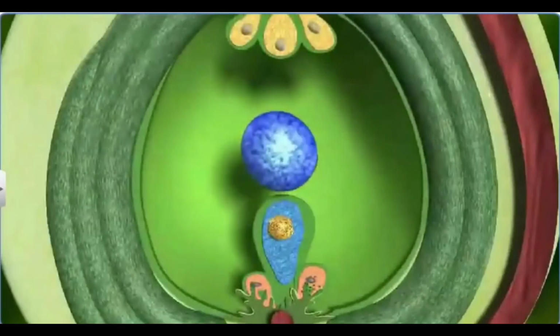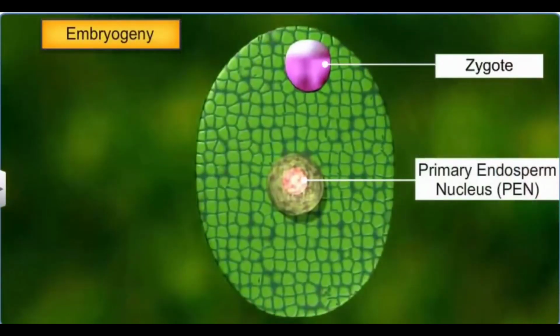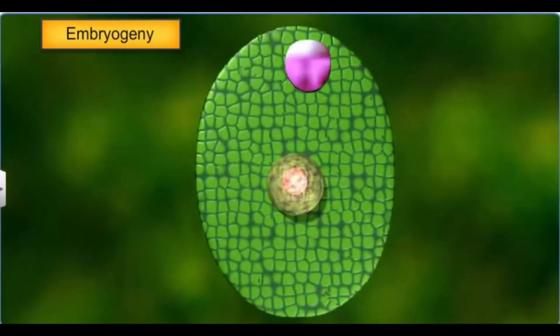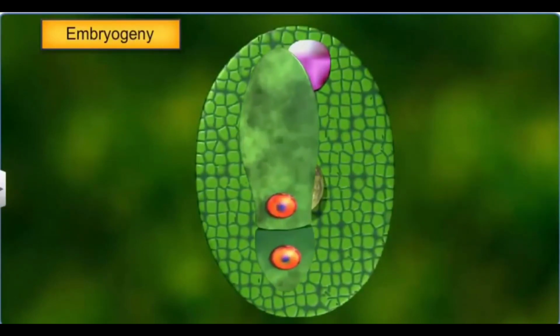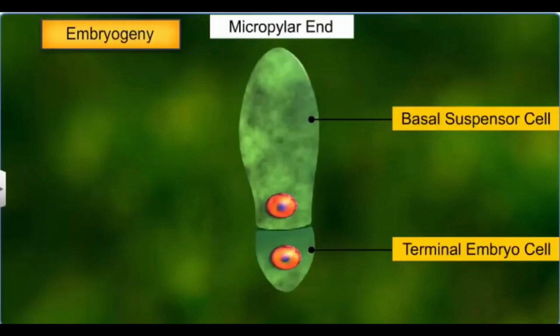Studies by botanists have revealed that during early embryogeny, the zygote divides into two cells: the basal suspensor cell towards the micropylar end and a terminal embryo cell towards the chalazal end.